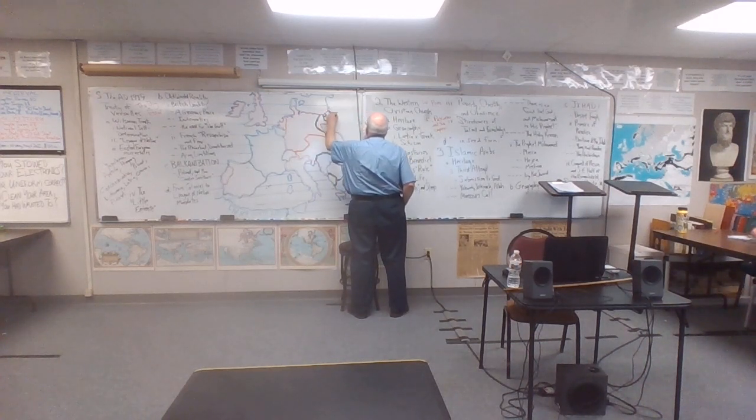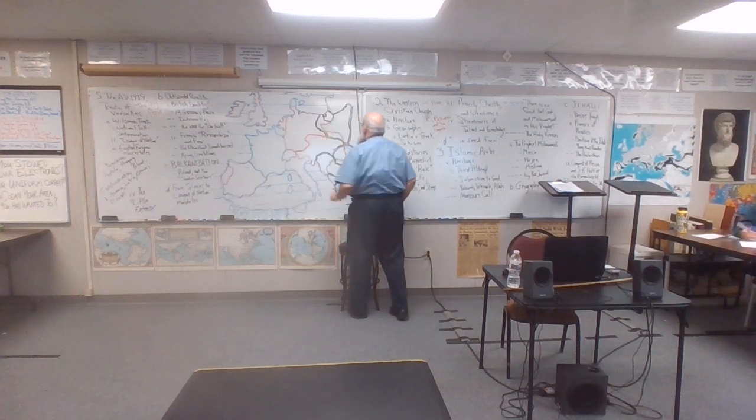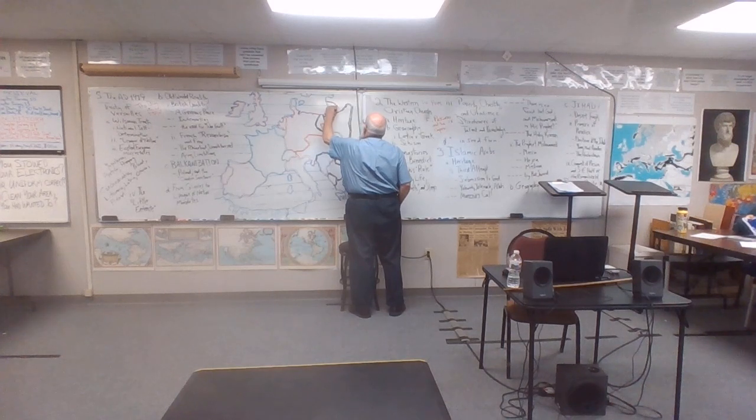And Poland also wins a war with the Soviets. We'll talk about that. So Poland takes a bunch of area that's now part of the Ukraine, of White Russia, of Lithuania. They also take Galicia. So Poland is now going to be huge. Here's Lithuania.